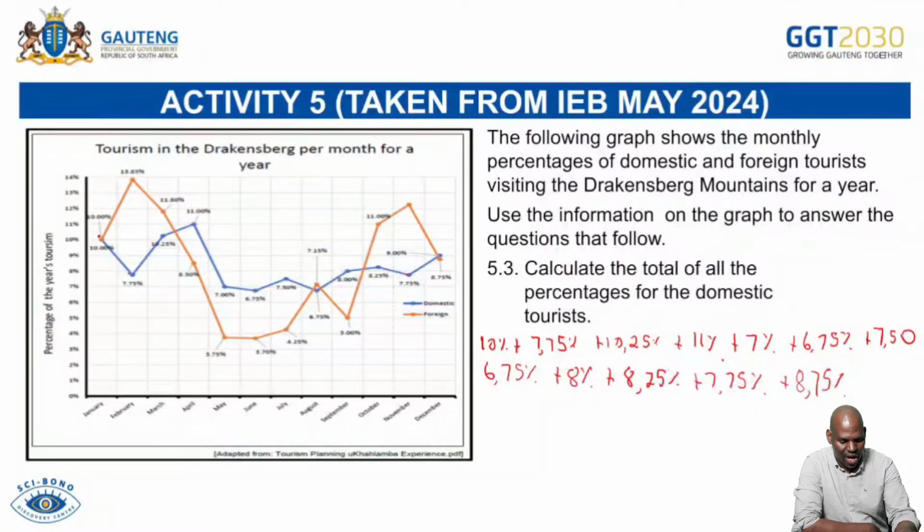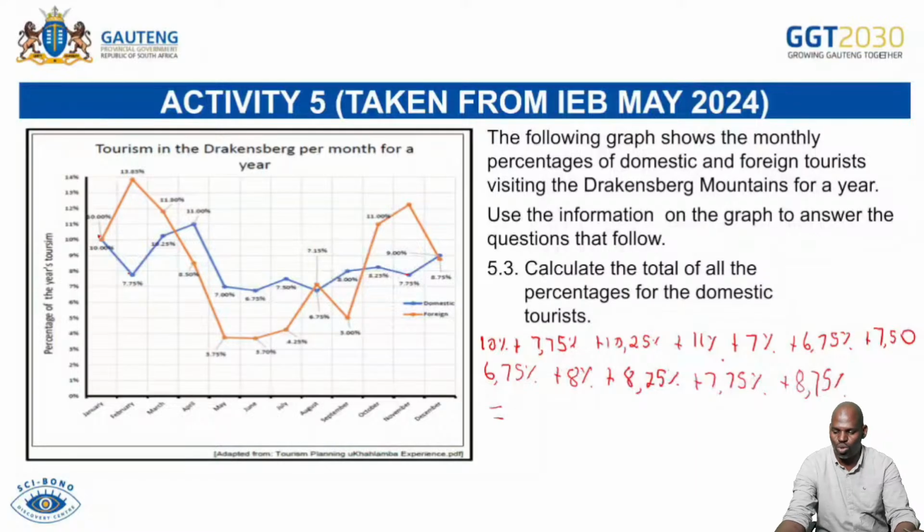So from this one, after writing them down and indicating the addition, I just have to check, because when I look at the graph, they're supposed to be 12. So I also need to check 1, 2, 3, 4, 5, 6, 7, 8, 9, 10, 11, 12. Indeed, they are 12.